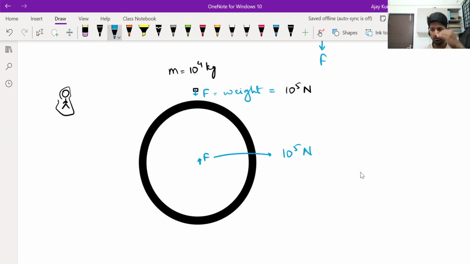But for the earth to move, it should accelerate. Force is 10 power 5 newton. That's the force exerted by that small block on earth. Compared to earth, it's small only. Then what is the acceleration of earth in that case? Force divided by, any idea what is the mass of earth?